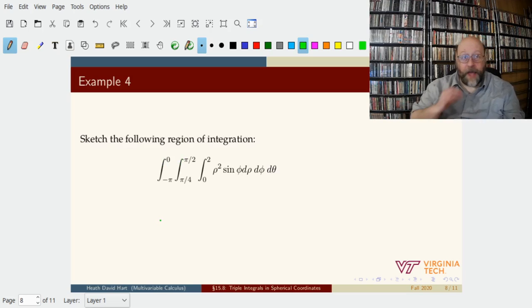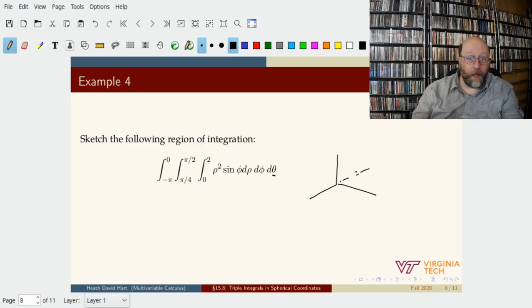Let's sketch the following region of integration. See what we get here. I don't see any crazy things like a secant in this problem, so I'm hoping that this is going to work out nicely. But one of the things I do notice right off the bat is that theta goes from negative pi up to 0.